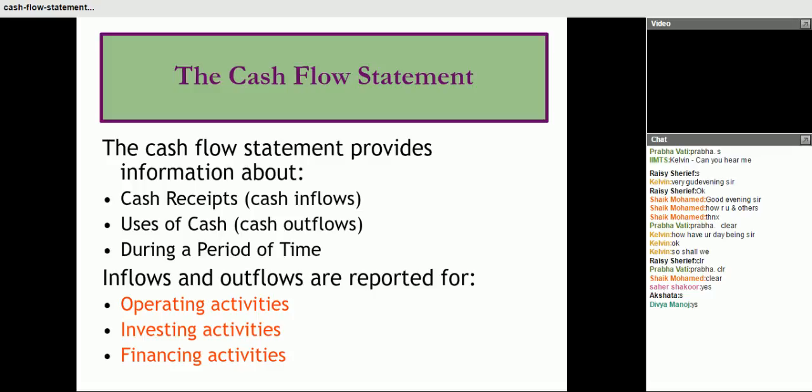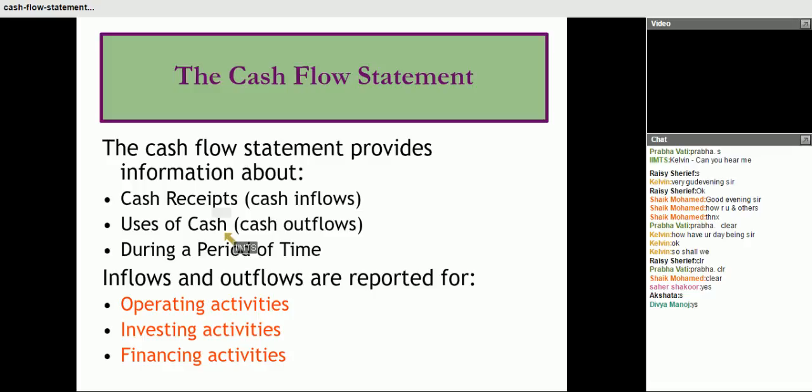Welcome to IMTS. So, today we are discussing the cash flow statement. We have just started the class a few minutes back, and we are on the second slide. This statement gives us the information about the cash receipts, which is also known as the cash inflow. Cash inflow means the money which is coming into the organization.